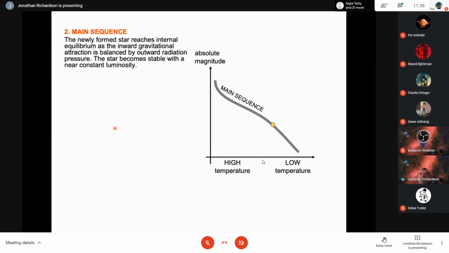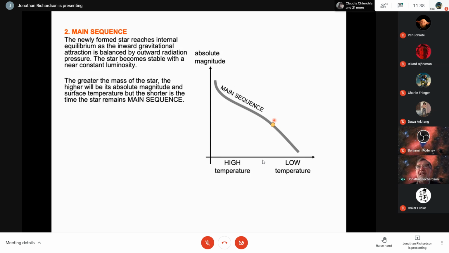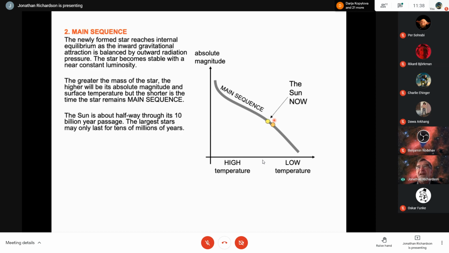What then happens is the star reaches equilibrium. It's now in a state of constant luminosity. We say it's constant, but it is actually going to change over time. And the magnitude of that depends on the size of the star.